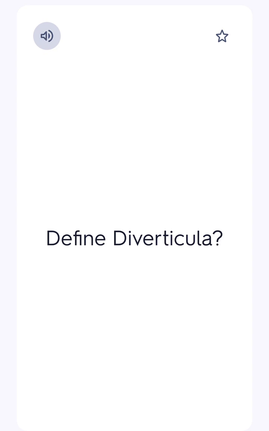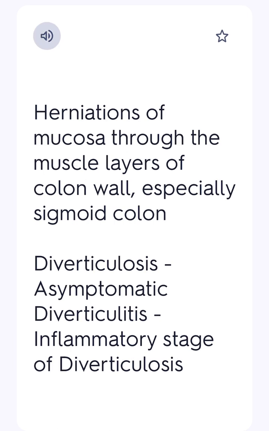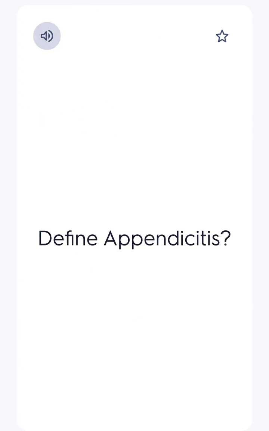Define diverticula. Herniations of mucosa through the muscle layers of the colon wall, especially the sigmoid colon. Diverticulosis is asymptomatic; diverticulitis is the inflammatory stage of diverticulosis. Define appendicitis.